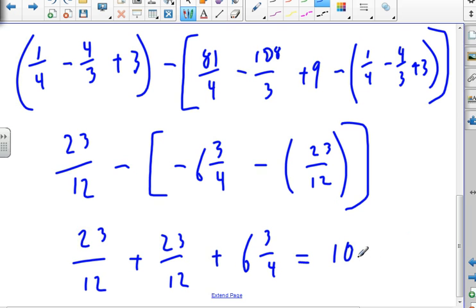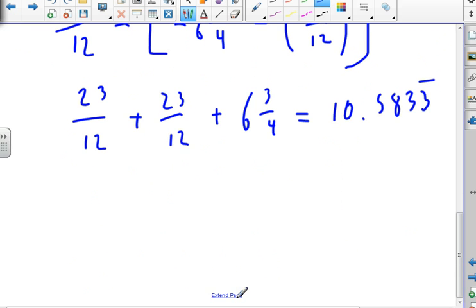I got 10.5833 repeating. That's probably 5 12ths. 10 and 5 12ths. No, it isn't.